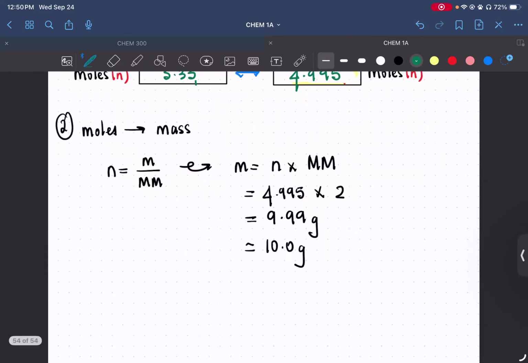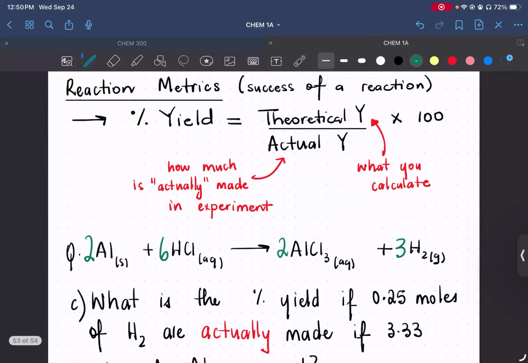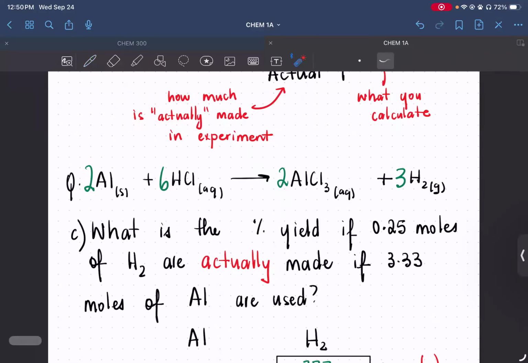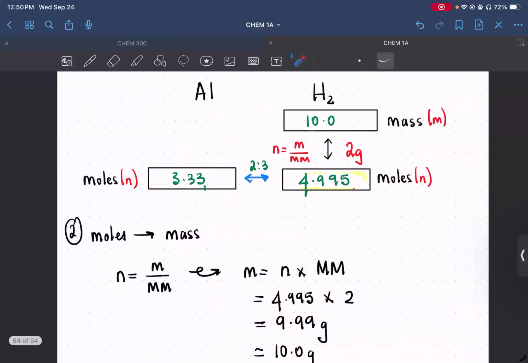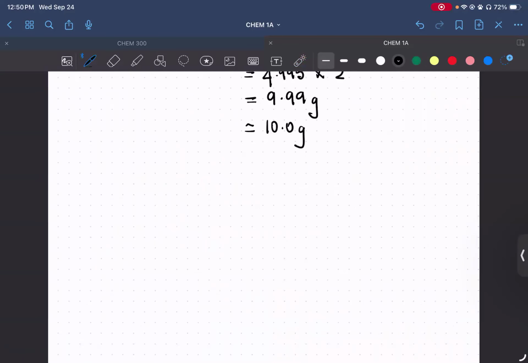Let's go back to the question. The question said, what is the percent yield? So we're going to go back to our expression right here. We know that percent yield is equal to the theoretical yield, that's Ty, divided by the actual yield, Ay, times 100.